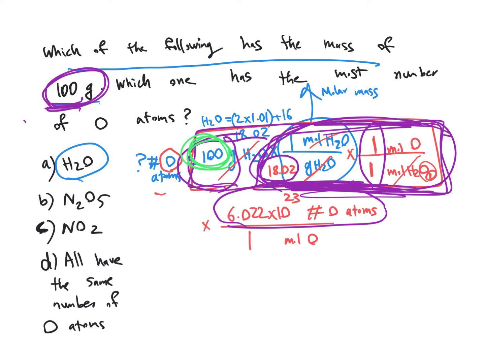Okay, so now let me talk about the next type, chemical equations and reactions. So if I give you this, I say 2A plus 3B plus C gives 4D.